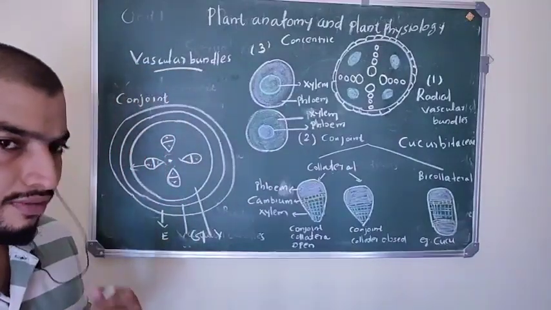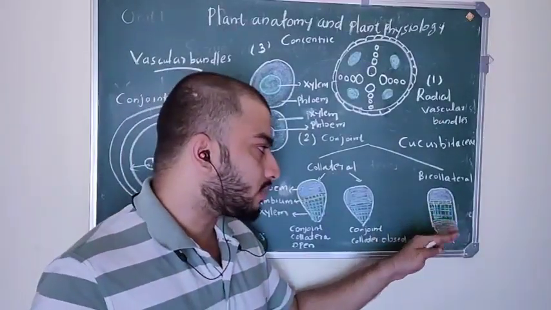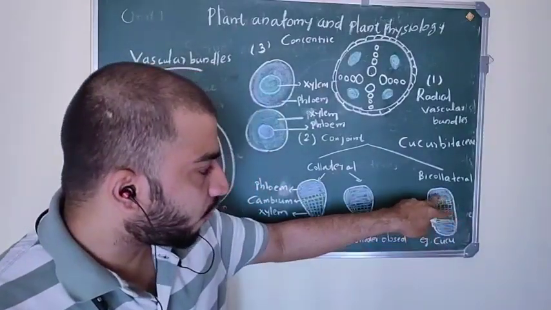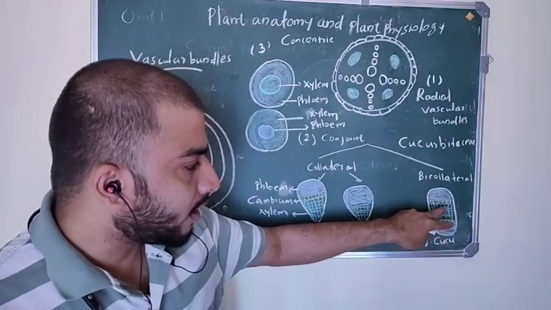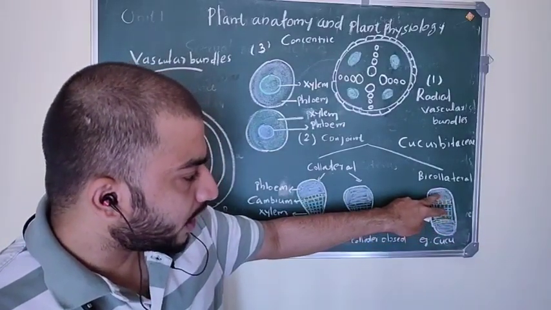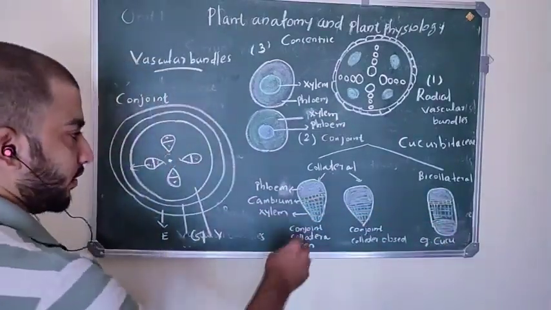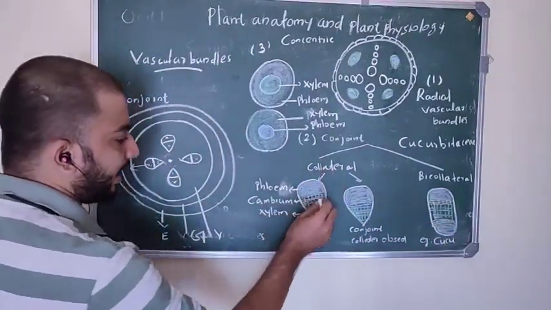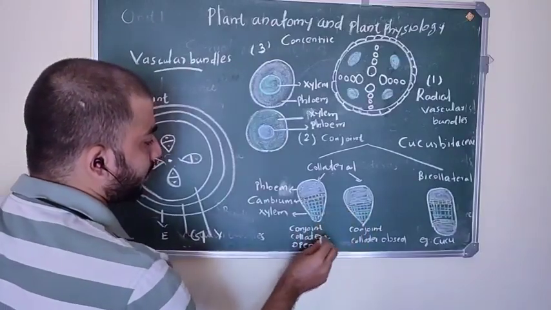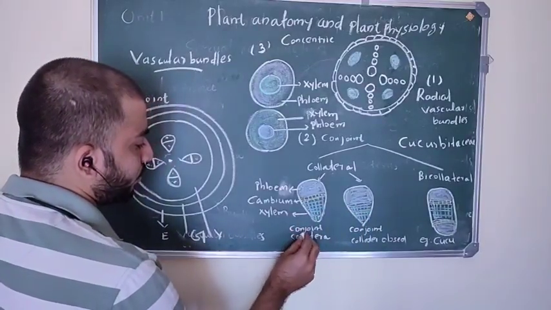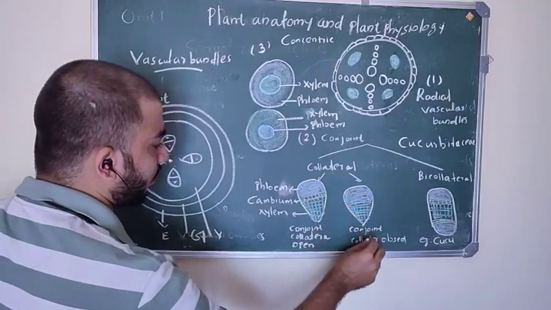Okay, I will tell once again. In a bicollateral vascular bundle, the phloem tissues are present outer to the xylem and also inner to the xylem. Then collateral, which is again divided into two types: conjoined collateral open and conjoined collateral close.